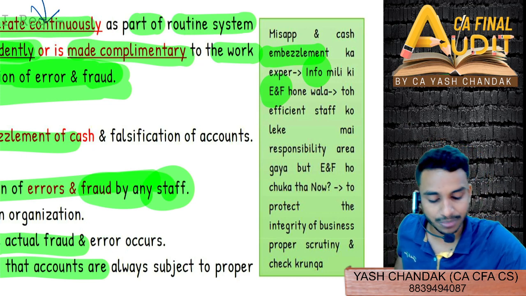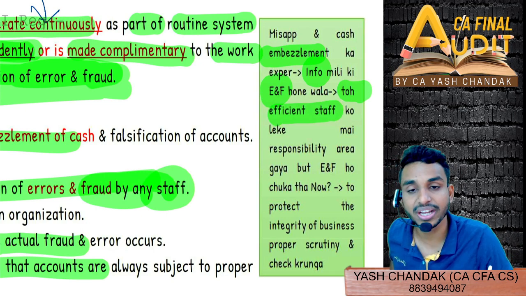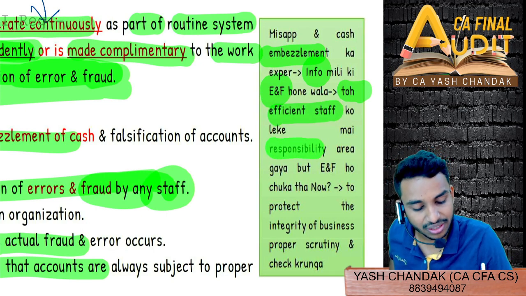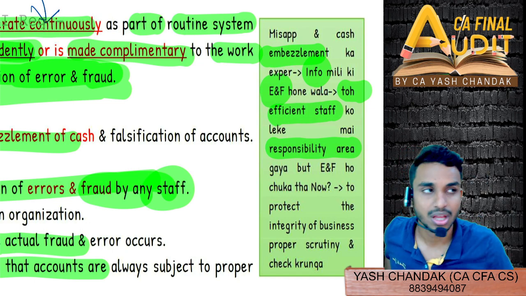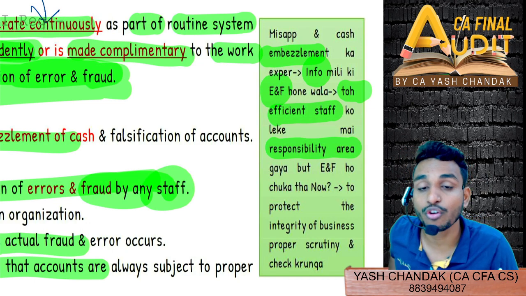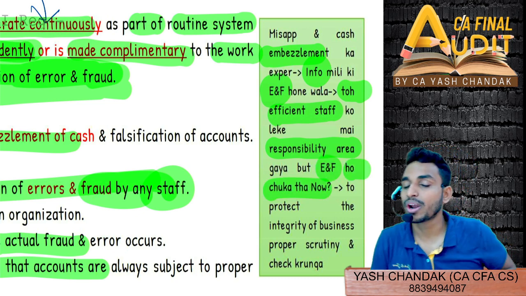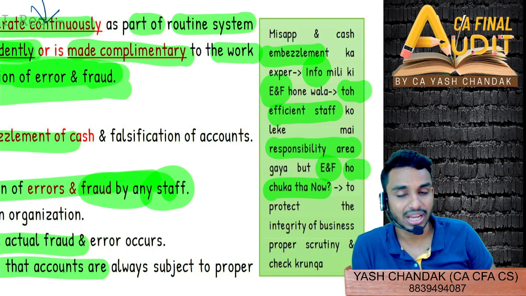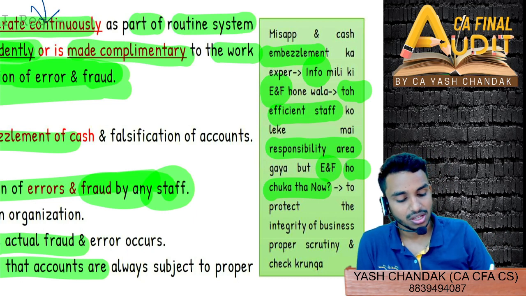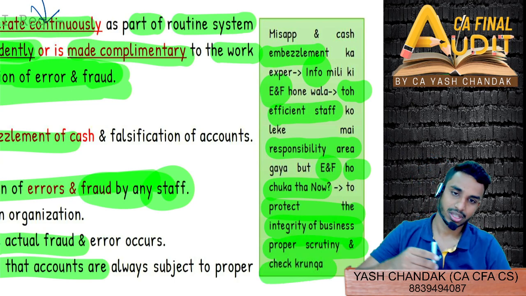So I got the information that error and fraud is going to happen, and so, with efficient staff, I went straight away to the responsibility area, that is where the error and fraud actually happened. But the error and fraud had already happened. So already happened, what will I do now after visiting there? I'll just be protecting the integrity of the business with proper scrutiny.